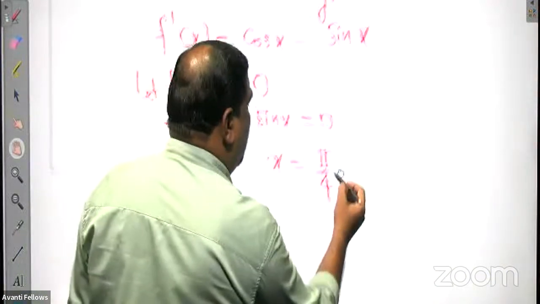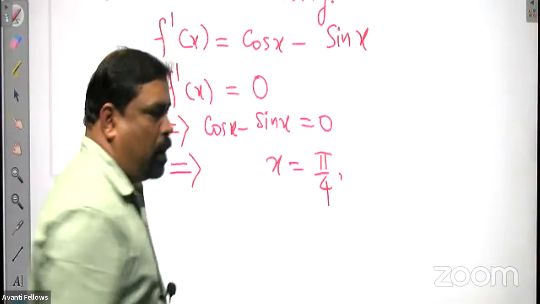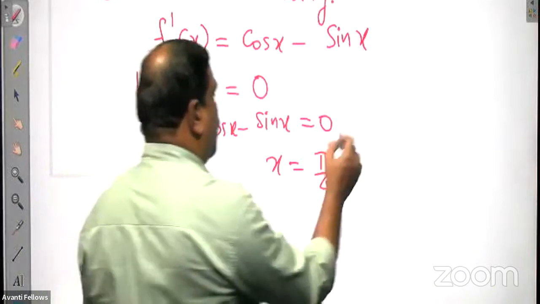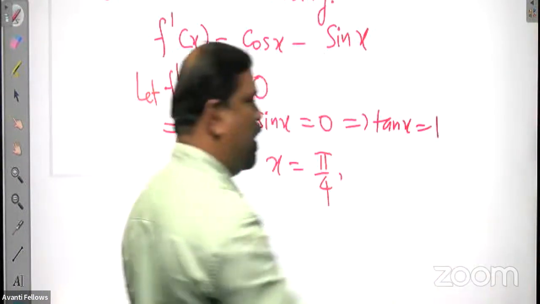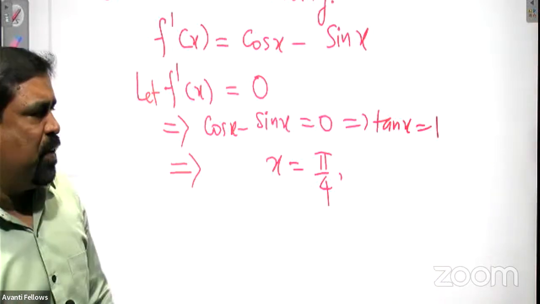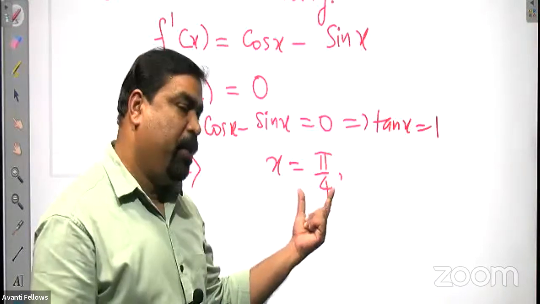The second value, how to get it. Sin x equals cos x, that means tan x equals 1. Tan pi by 4 is 1. In the first quadrant, tan is positive, so definitely one value will be in the first quadrant, pi by 4.